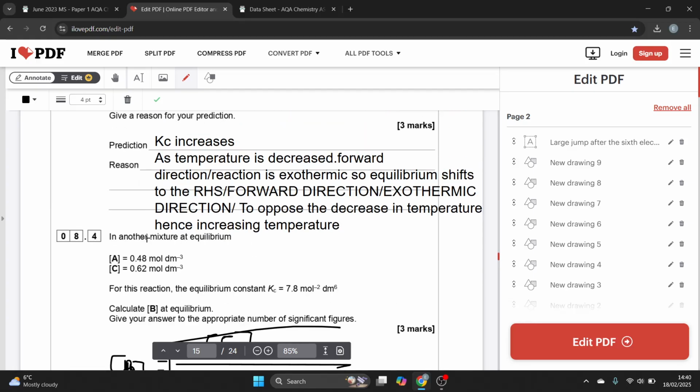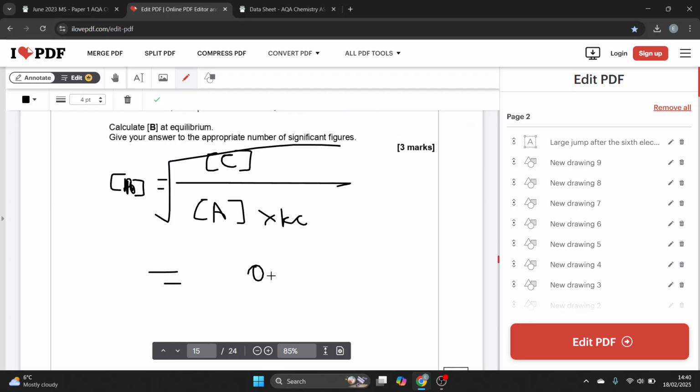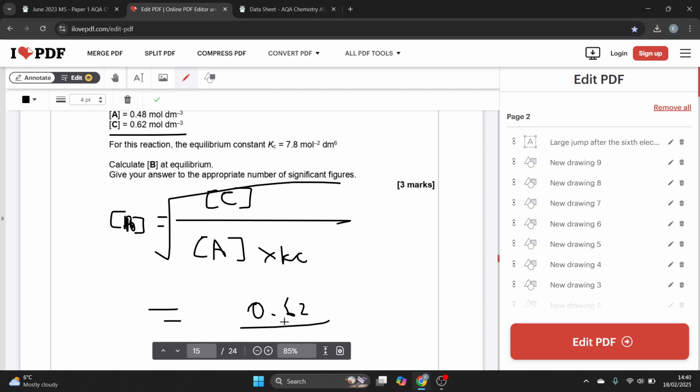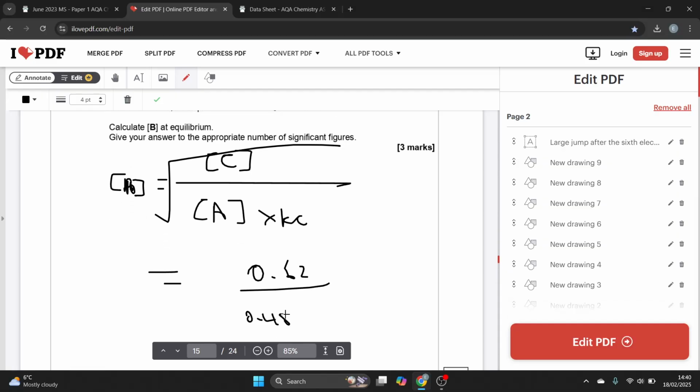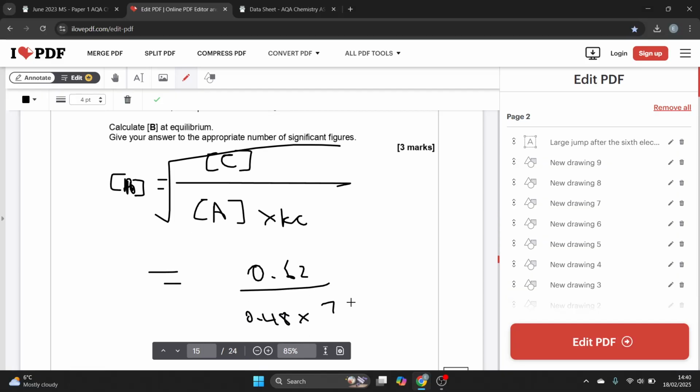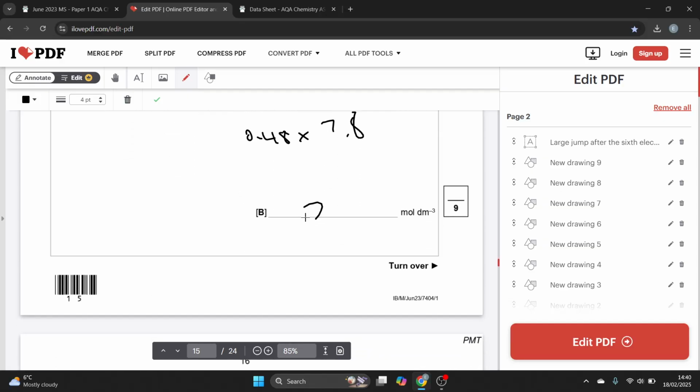And I know concentration of C is 0.62 over A, which is 0.48, times by 7.8. Square root of 0.62 over 0.48 times by 7.8 is 0.47.